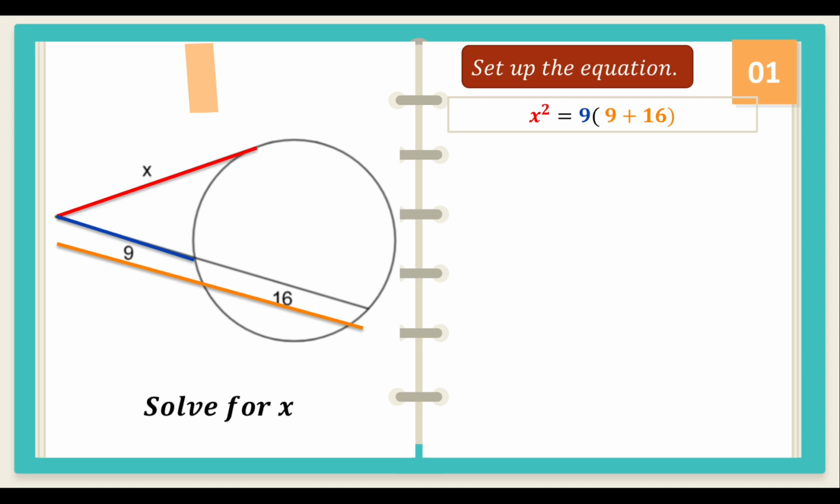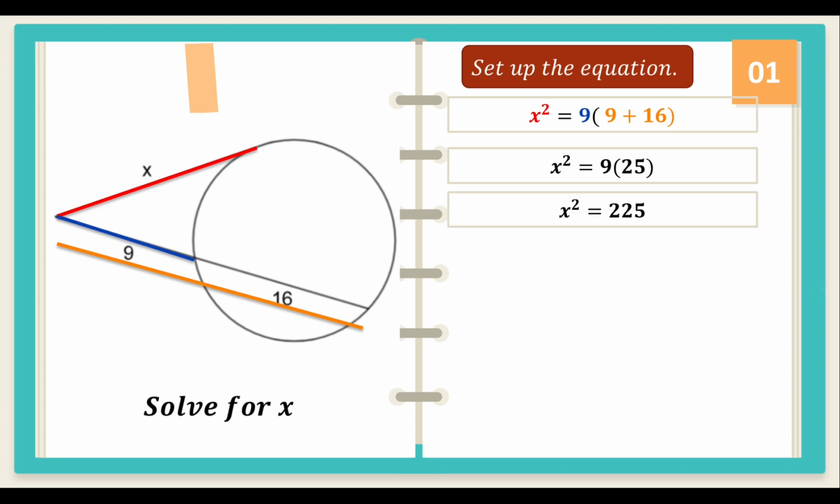Then, after setting up the equation following the tangent secant power theorem, we are now ready to simplify. Thus, we have x squared is equal to, adding 9 and 16, we get 25. Furthermore, x squared is equal to 9 times 25, giving us 225.